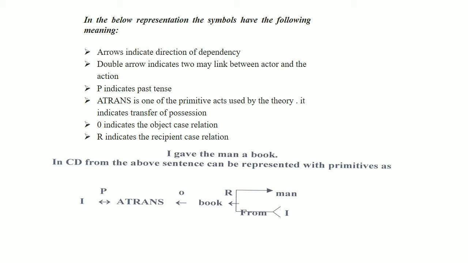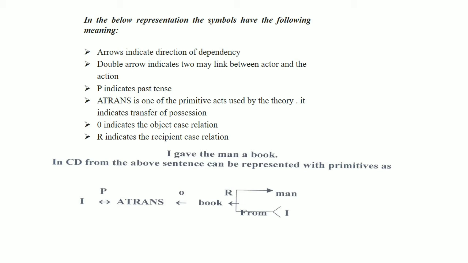So the situation here is, I gave the man a book. So I have given a book to a man, right? What is that represented by? It is represented by the indicator I with an arrow. The double arrow indicates a two-way link between the actor and an action. What is the action and the actor? That is indicated by the two-way link.